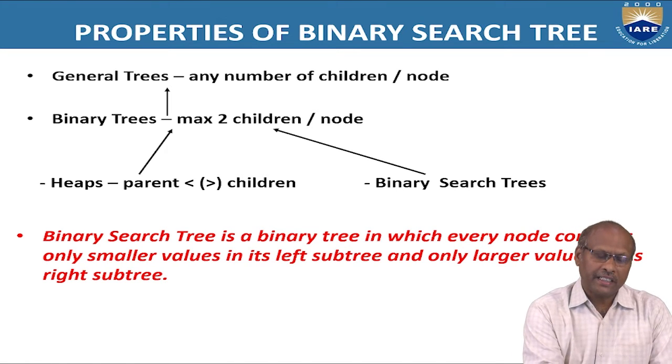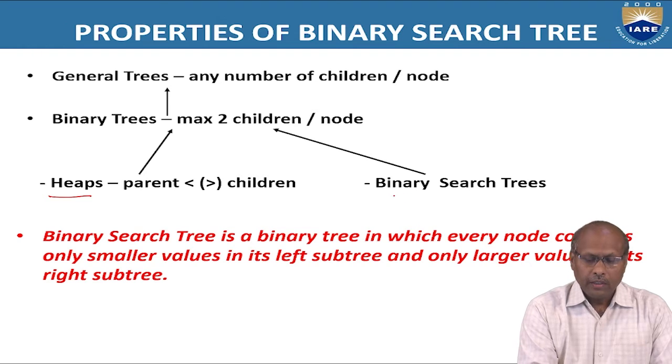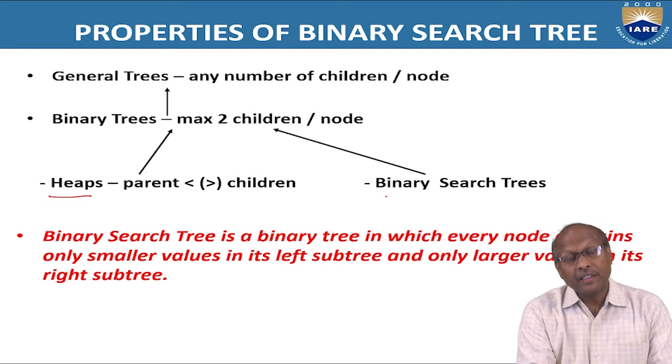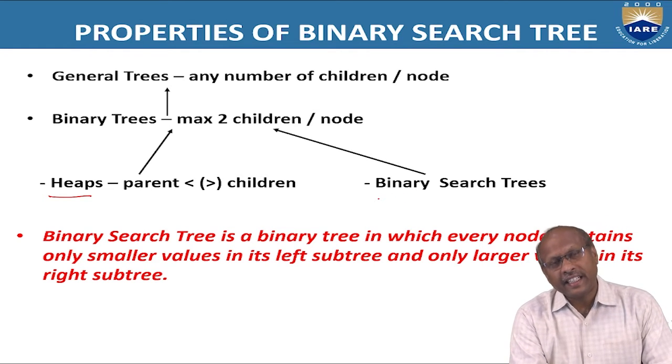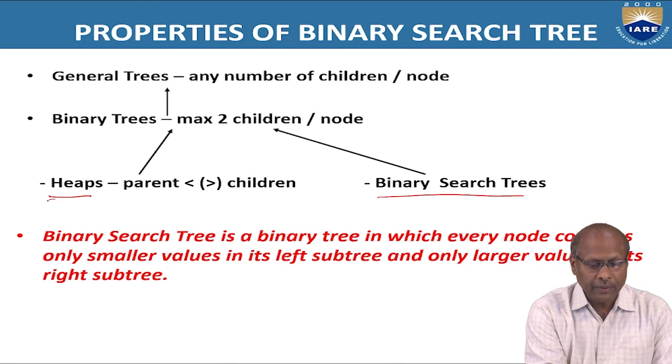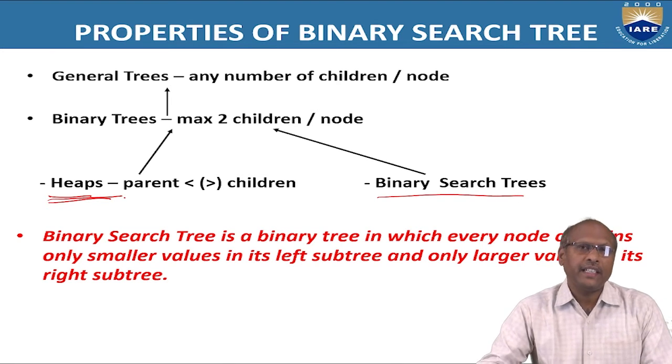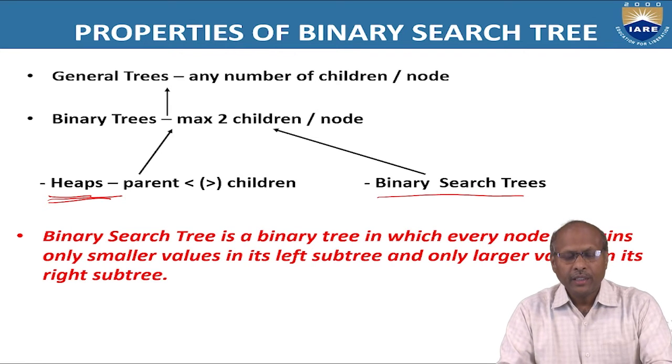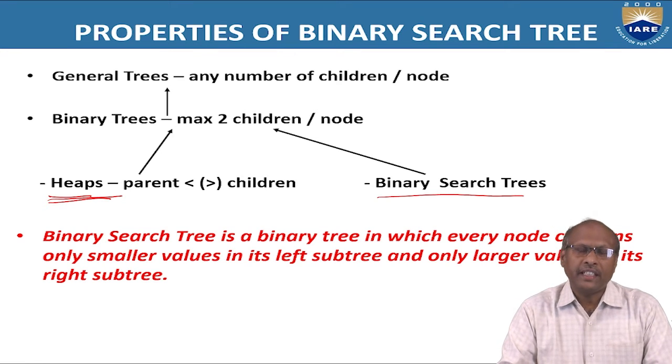When such a property is there, that is called heap. Whenever left is smaller than parent and right is greater than parent, that is called binary search tree. So there is a difference between a heap tree and a binary search tree. But today we are discussing only binary search tree.